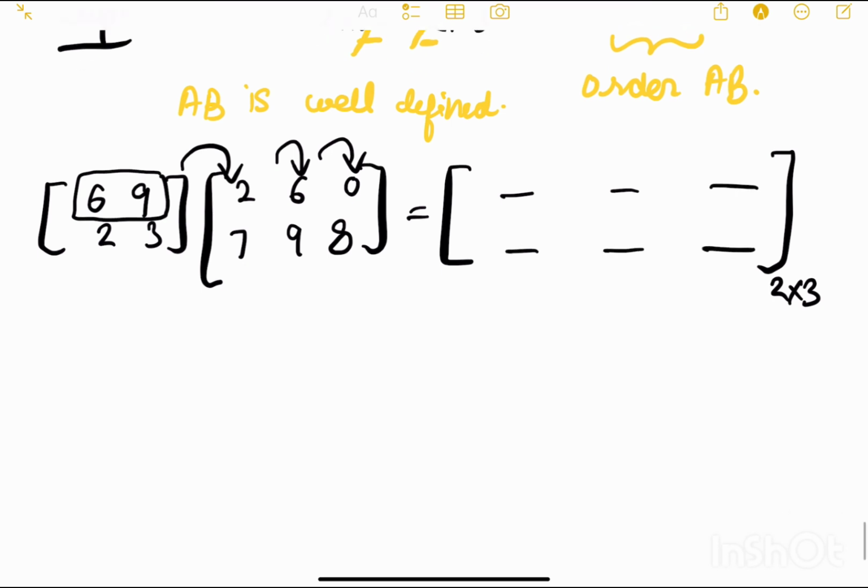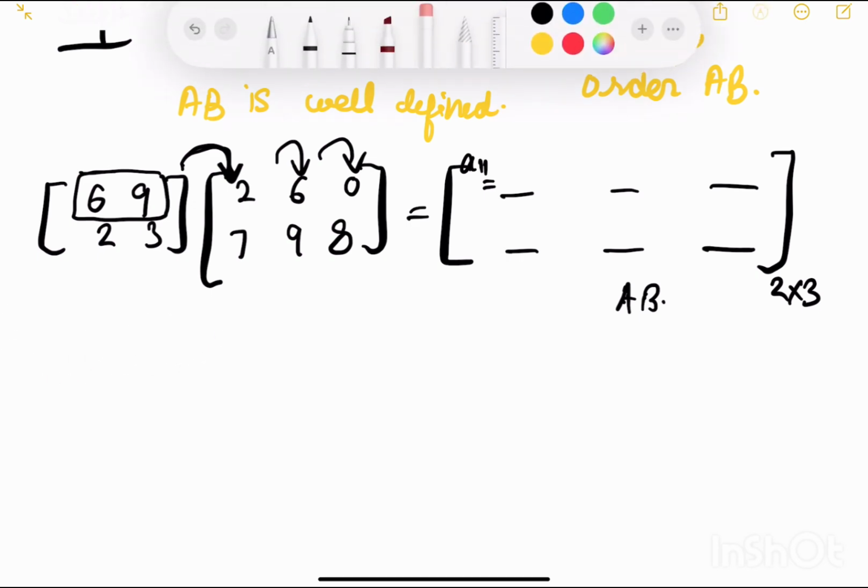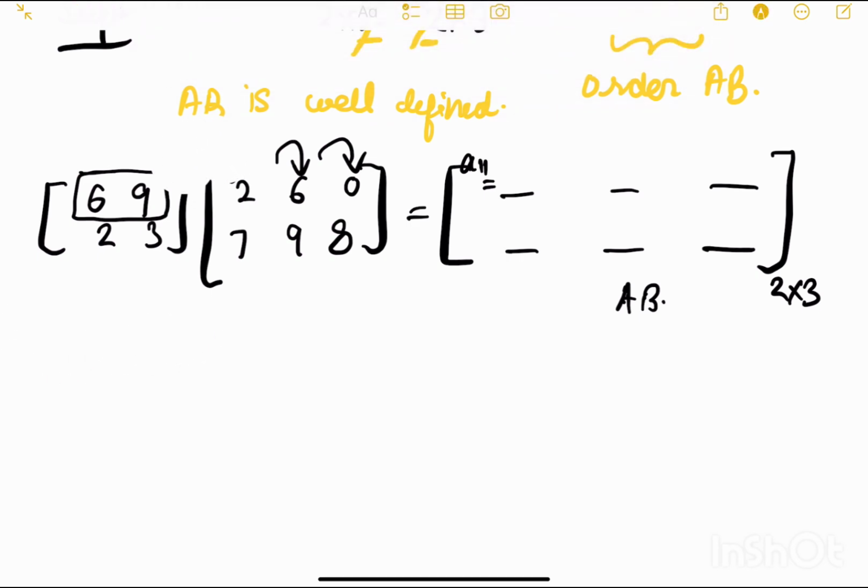So these many spaces I have to fill so that I can find out my matrix AB. So this is my A11, right? This is my first column and first row. So I will just write A11. What will it be? The first row will be multiplied by my first column. I will write this in a different color so that it is easy for you to understand as well. Just a minute.